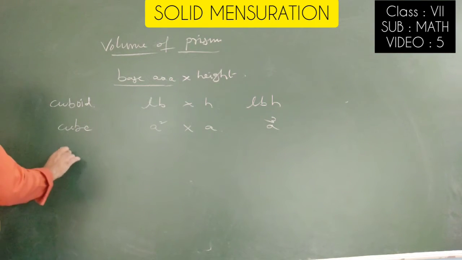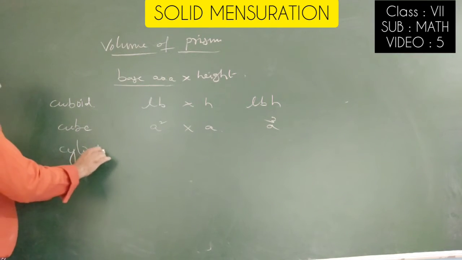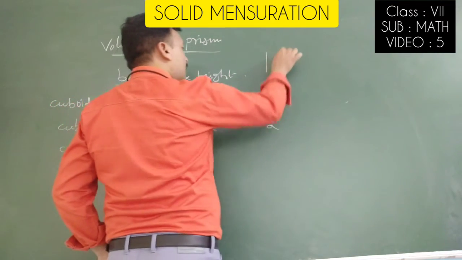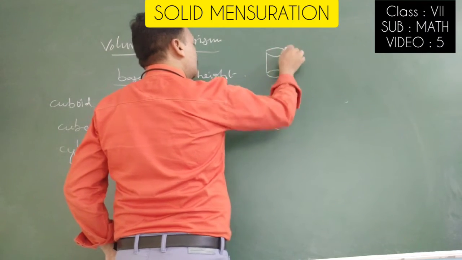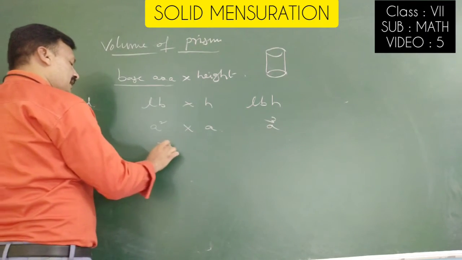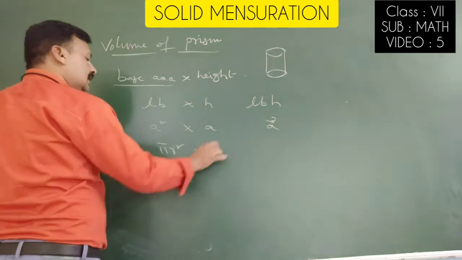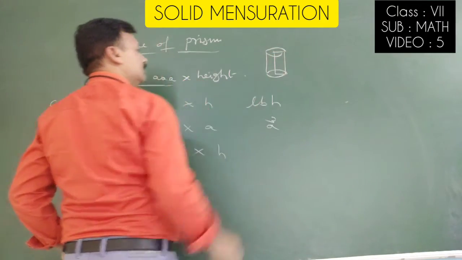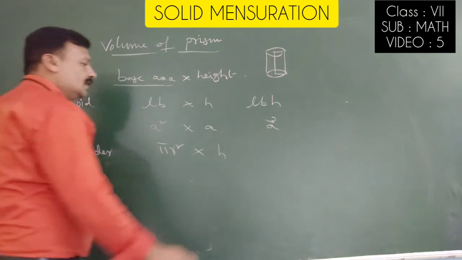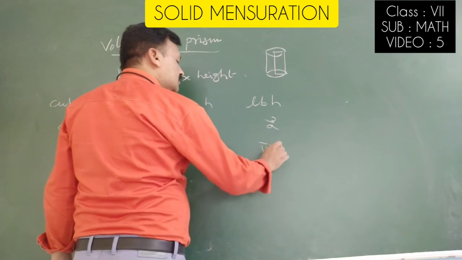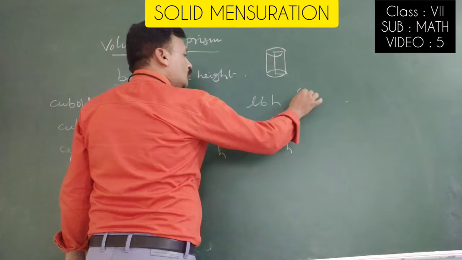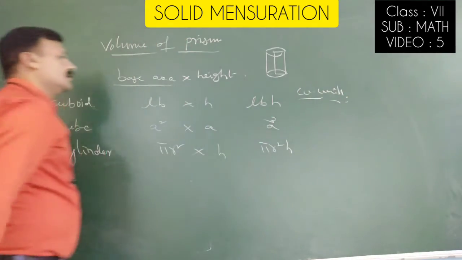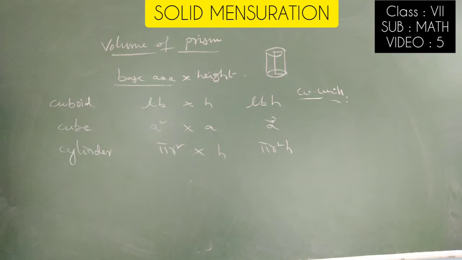In case of a cylinder, the base is in the shape of a circle, that's why the base area is pi r square, and the height. Then pi r square H cubic units is the volume of a cylinder.